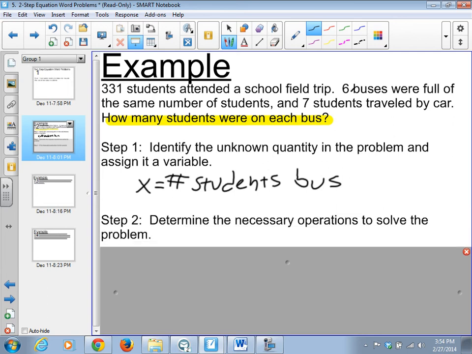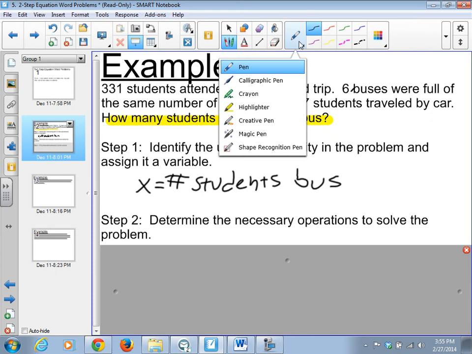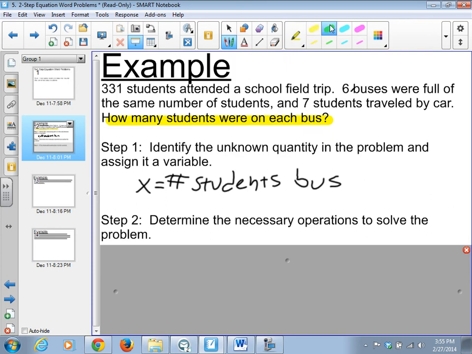Let's move down. Determine the necessary operations to solve the problem. Okay, so now let's look again at what it says up here. It says we have 331 students attended the field trip.